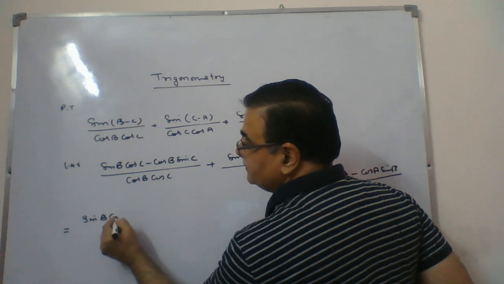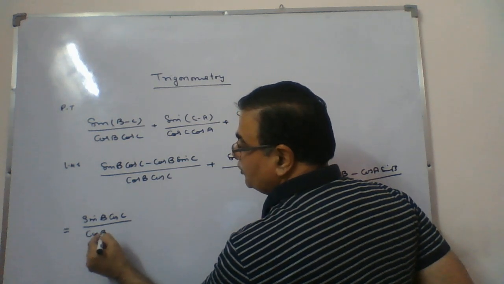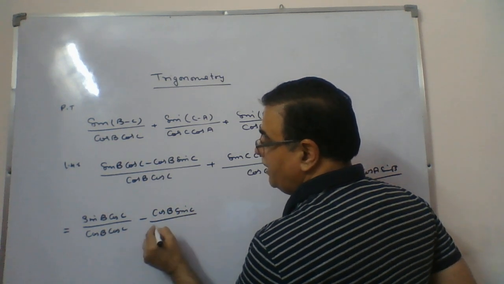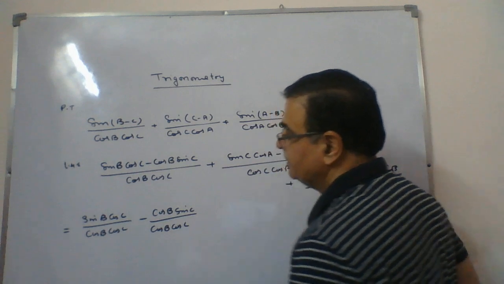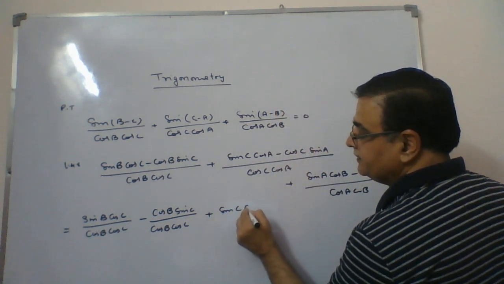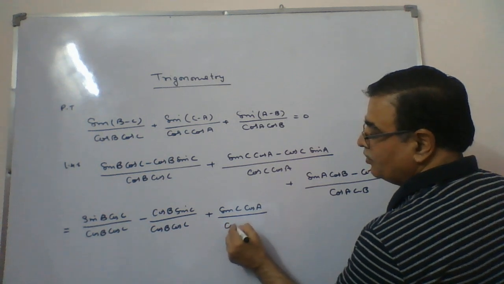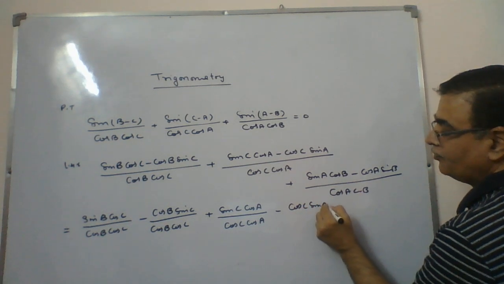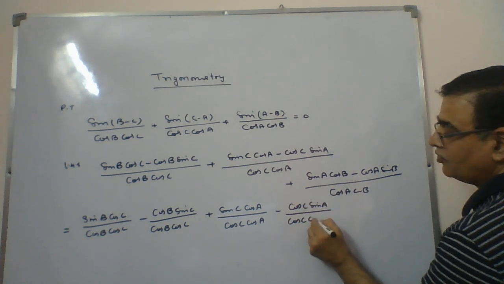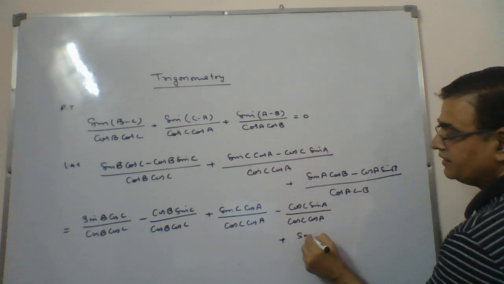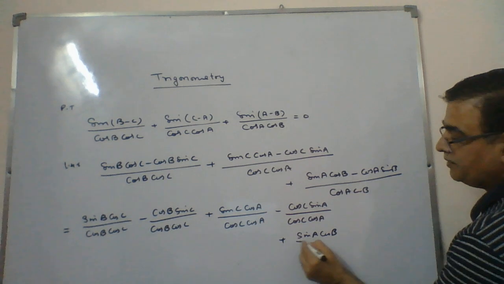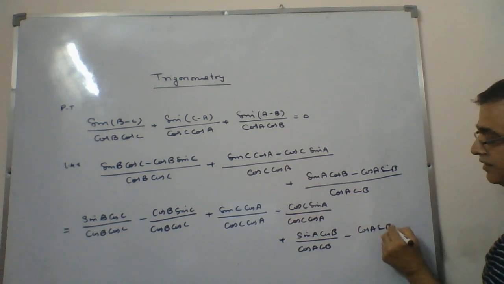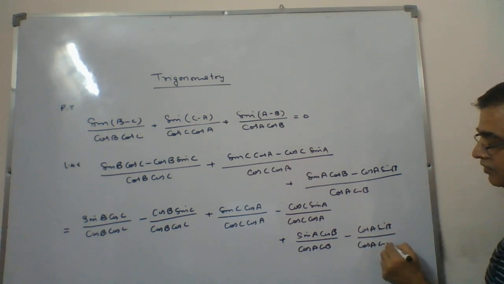Sin b cos c by cos b cos c, minus cos b sin c by cos b cos c, plus sin c cos a by cos c cos a, minus cos c sin a by cos c cos a, plus sin a cos b by cos a cos b, minus cos a sin b by cos a cos b.